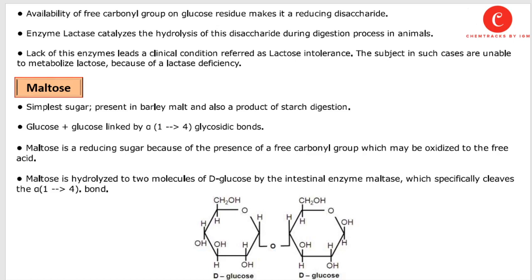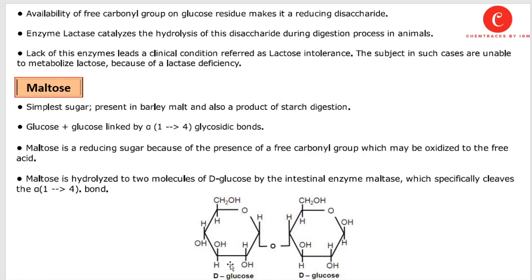The third common example of a disaccharide is maltose, the simplest sugar present in barley malt and also a product of starch digestion. Maltose is basically a combination of glucose and glucose linked by an alpha 1,4 glycosidic linkage. So maltose is a combination of two glucose molecules linked via an alpha 1,4 glycosidic bond.